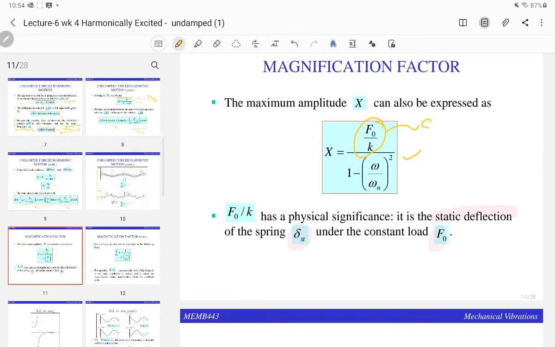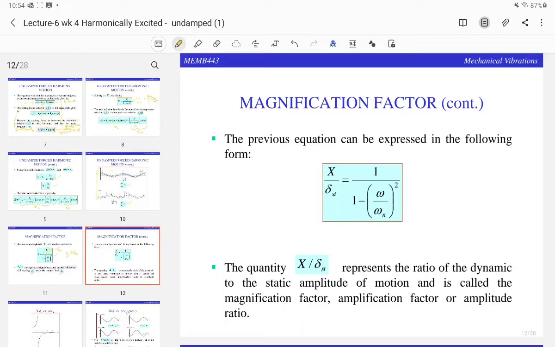So this is the static deflection, F naught over K. Or if you cannot remember that, you can remember that F naught is equal to K times static deflection. This is like Kx, which is the deflection of the spring once you apply this F naught, or input, to the system.